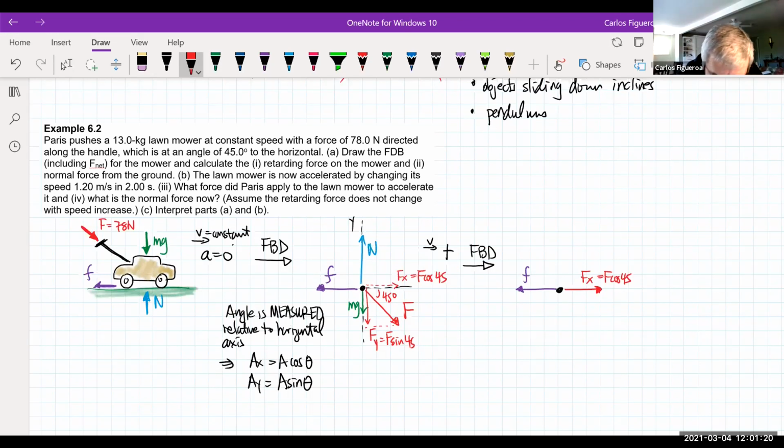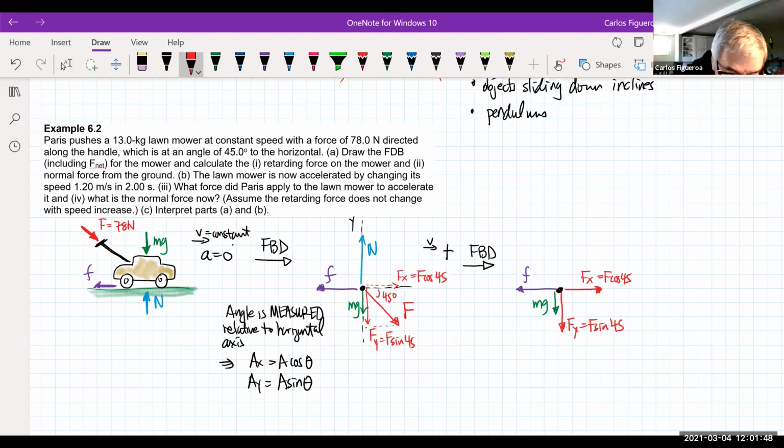The fact that this mower is staying on the ground means that it's in static equilibrium vertically. So the combination of the force of gravity, let's say that the force of gravity is this big, 2 squares, and let's say that the y component, f sine of 45, is 3 squares.